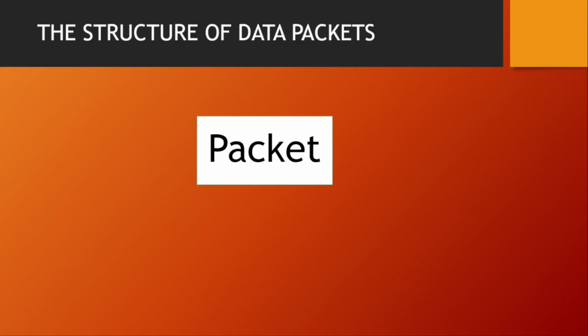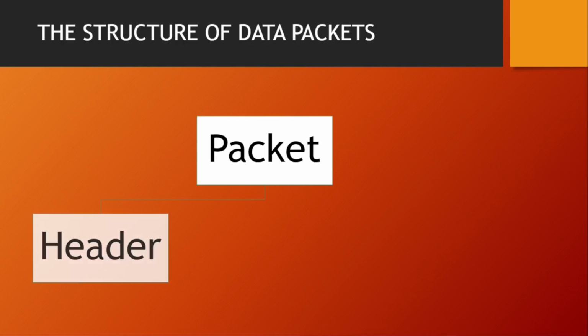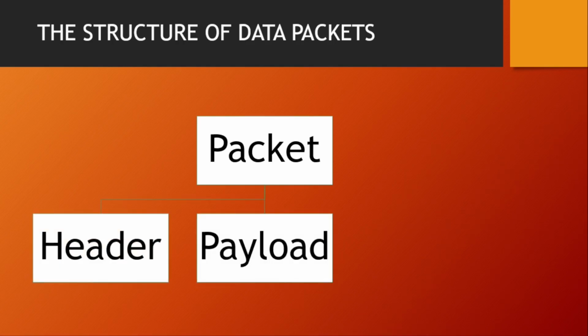Each packet of data contains three different sections: the packet header, payload, and trailer.